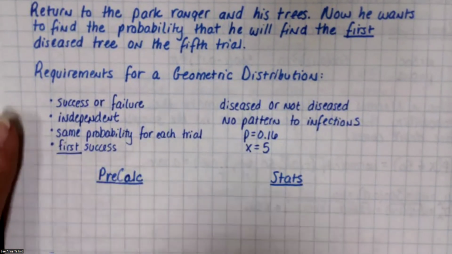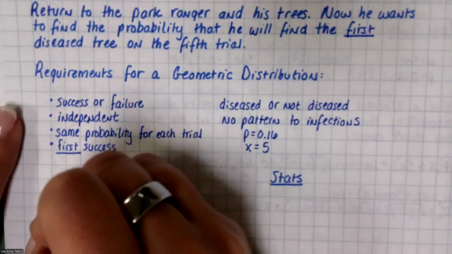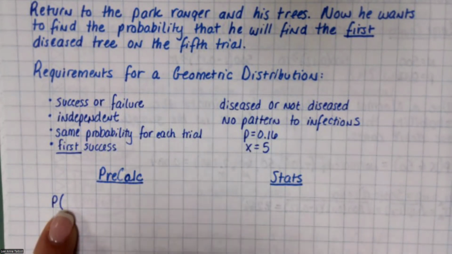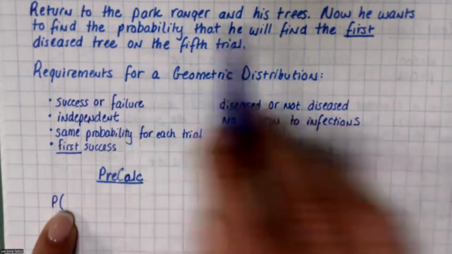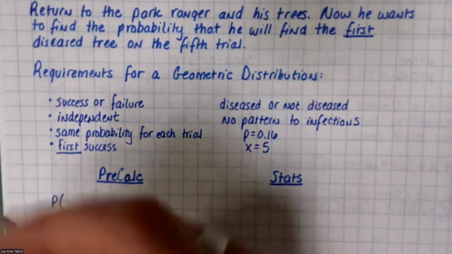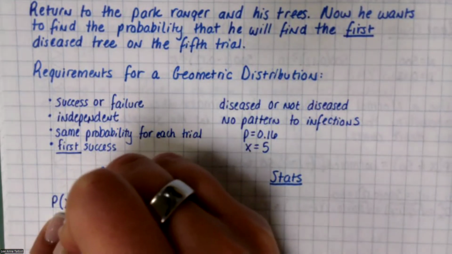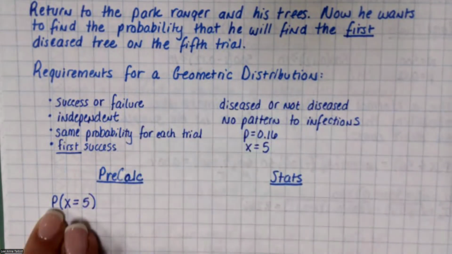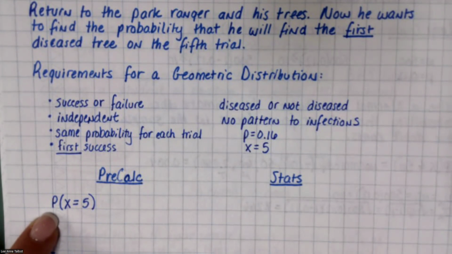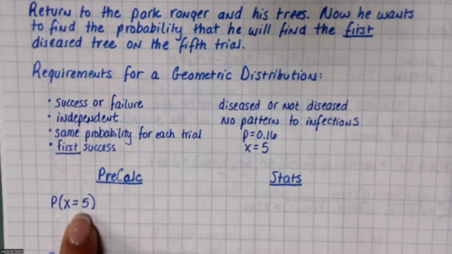Proper random variable notation is when you write the P and then X equals or X is greater than or whatever. That's this first part that we write. In this case, he wants to find the probability he'll find the first diseased tree on exactly the 5th trial. This is proper random variable notation, meaning you have the probability and then X equals, or X is less than, or greater than.